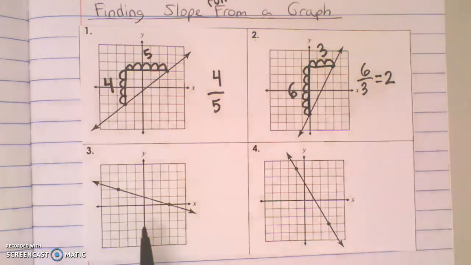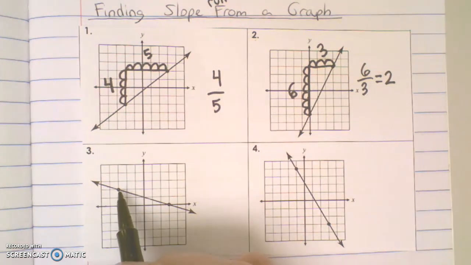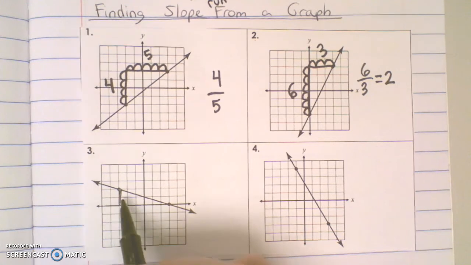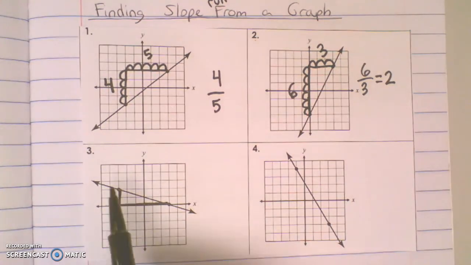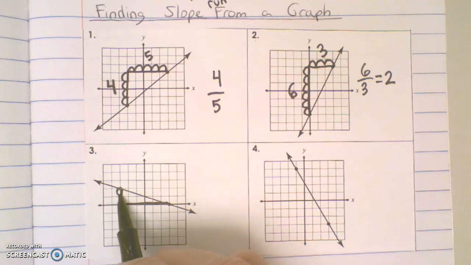That way I can also kind of predict that 3 and 4 are going to be negative because they're going down from left to right. And as we calculate the slopes, you'll see that. So to get from this point over to this point, I have to go down this time and then over. So you're always going up or down first. It just depends on if you go up or down based on the graph you're looking at.